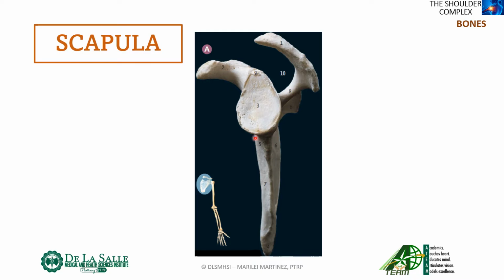And we have another tubercle located inferior to the glenoid cavity, your infraglenoid tubercle, which is again an attachment for a specific muscle that you have to identify in your handout.